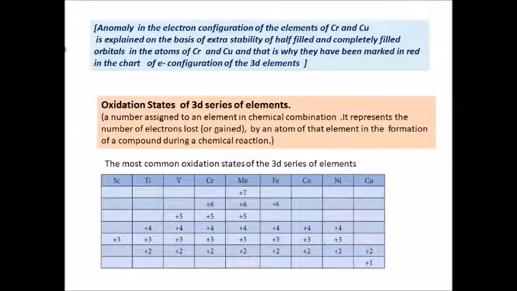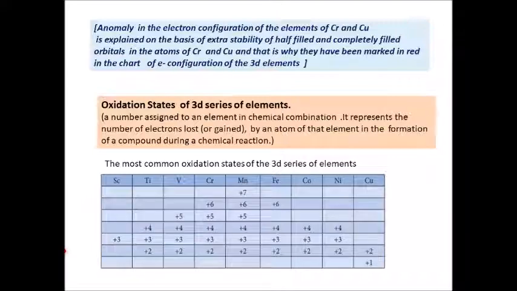Maximum we see in the case of manganese, that is plus 7, and for copper it is plus 1, which is the least. So the maximum is plus 7 for manganese and the least is plus 1 for copper. Now which other elements will show plus 1 oxidation state in the 3d series? It is very unlikely that you are going to get stable compounds with plus 1 oxidation state in the 3d series of elements, but you can see here that the plus 2 oxidation state is quite common in all the elements except scandium.